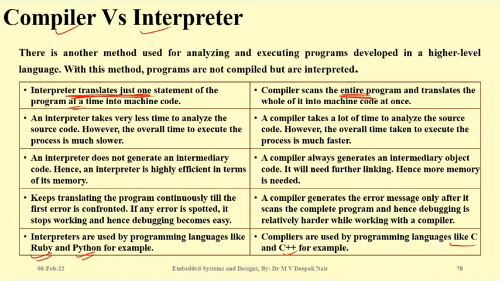Now the only thing we have to keep an eye on is which one is more efficient in terms of performance, that means the speed of programming or debugging and so on. I think here the interpreters are faster. A compiler always generates an intermediate object, hence more memory is needed. So you will be sacrificing memory when you are using compilers. Interpreters are efficient in terms of memory, so they take less memory. Here debugging is easy, but there debugging is relatively harder.